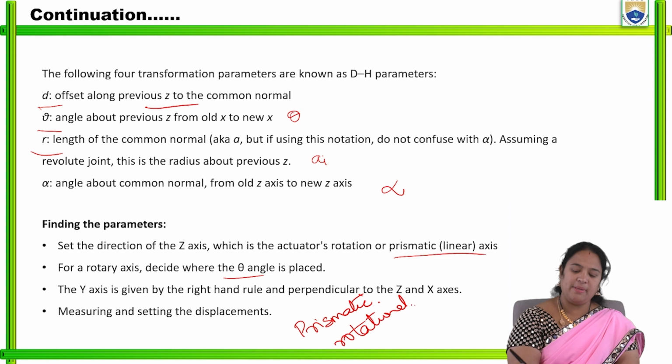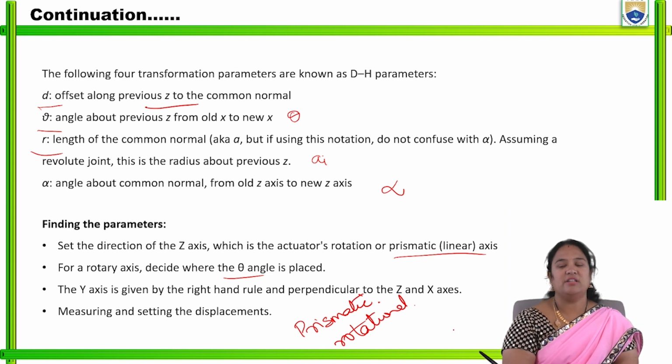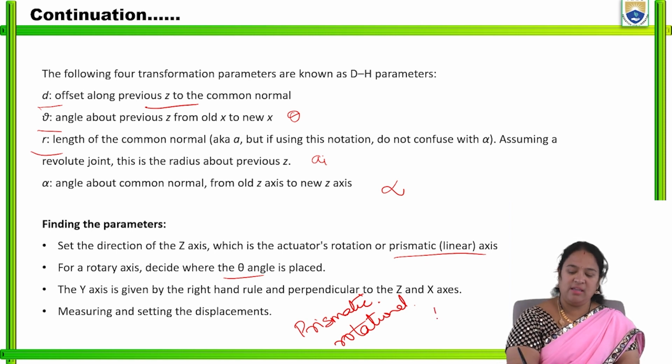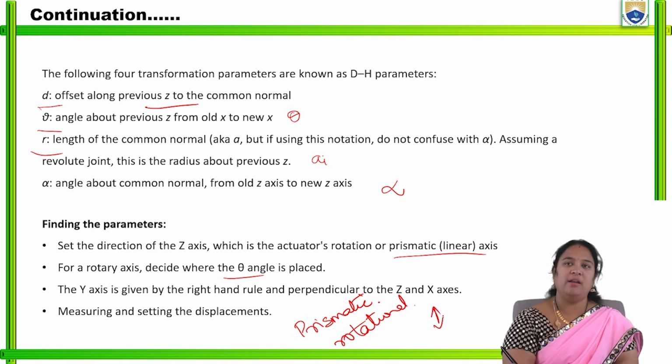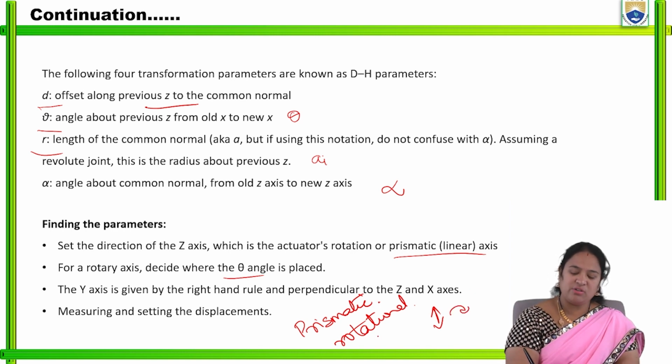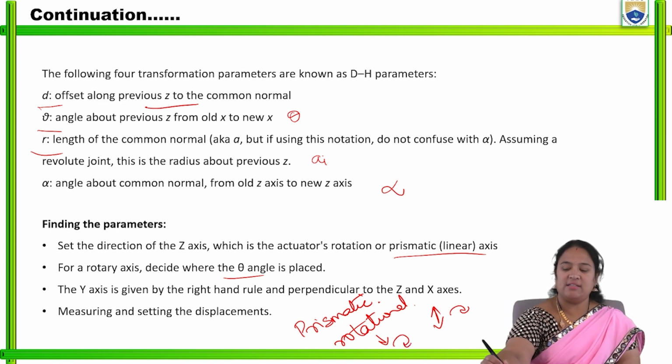So here, what happens in these two axis directions? What do we mean by prismatic? Prismatic is the axis which moves in the vertical direction, up and down, and also in the rotational direction, whereas the rotational axis moves only in the rotational direction.